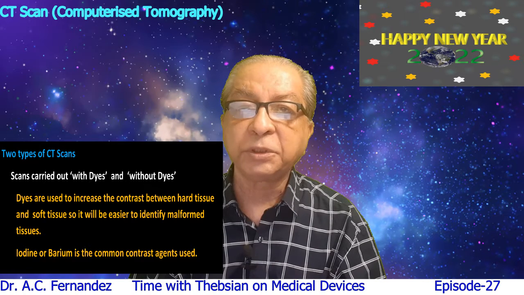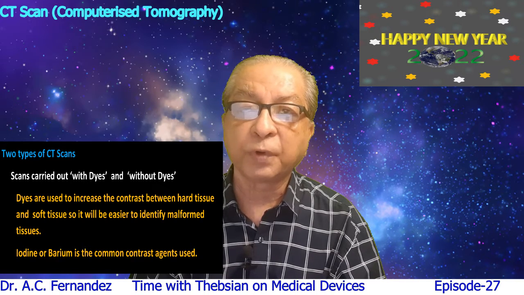As you know, the doctor will advise some tests for allergy for each patient, because it will find out whether the patient is allergic to the dye that is going to be used for CT scan pictures.